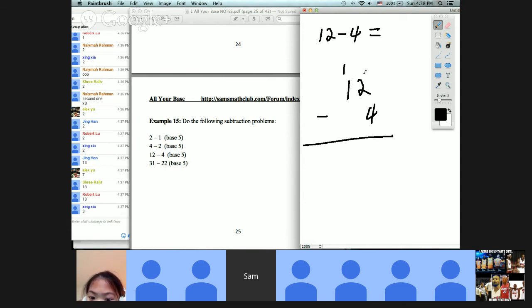And then, so initially, when it's base 10, you'd have 10 over here, and then 10 minus 4 plus 2. But since right here we have base 5, instead of adding 10 over here, you add 5. So you borrow 1 from over here, and then instead of 10 coming over, 5 comes over.